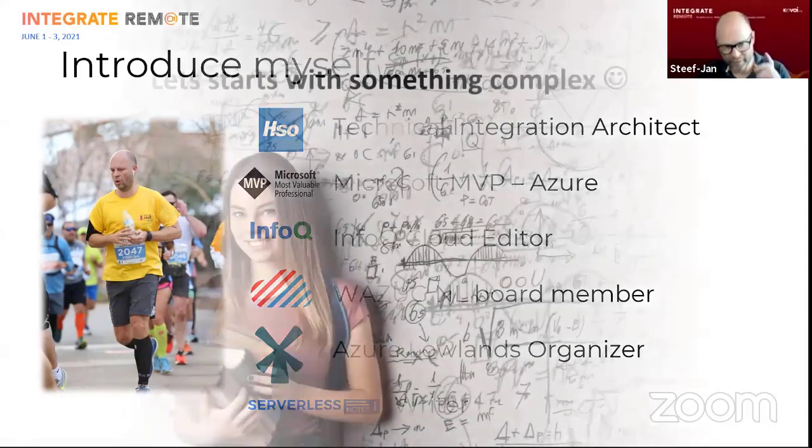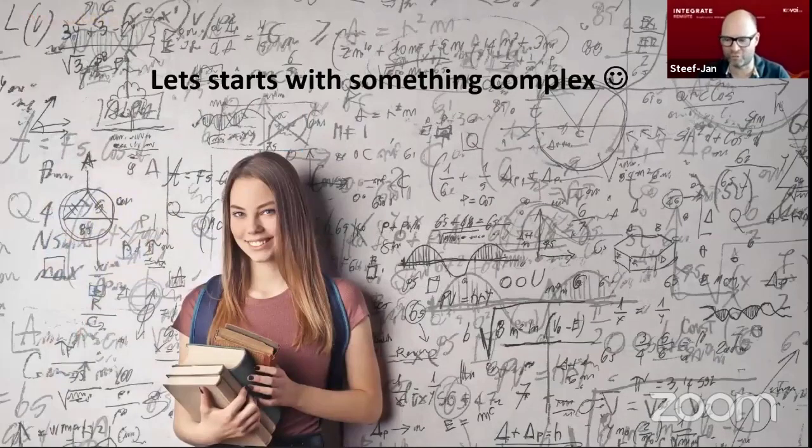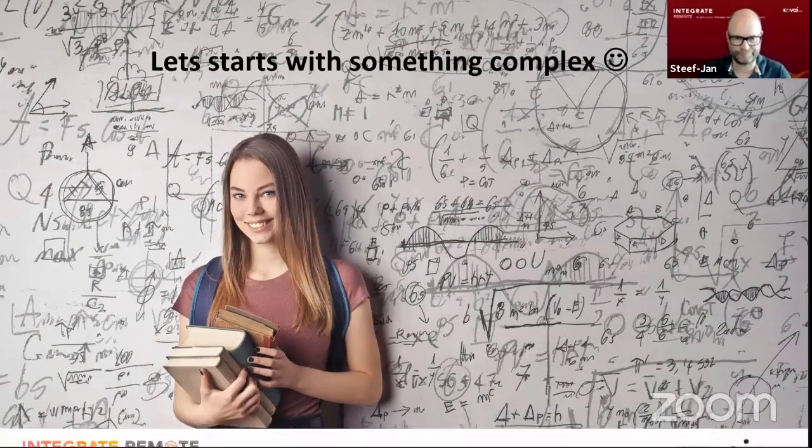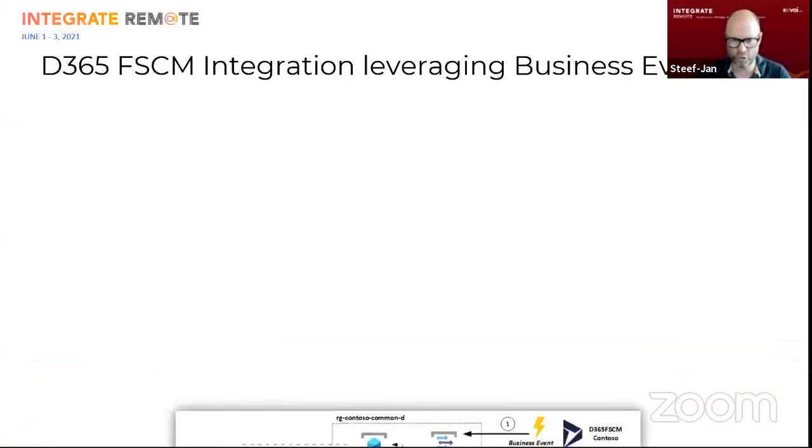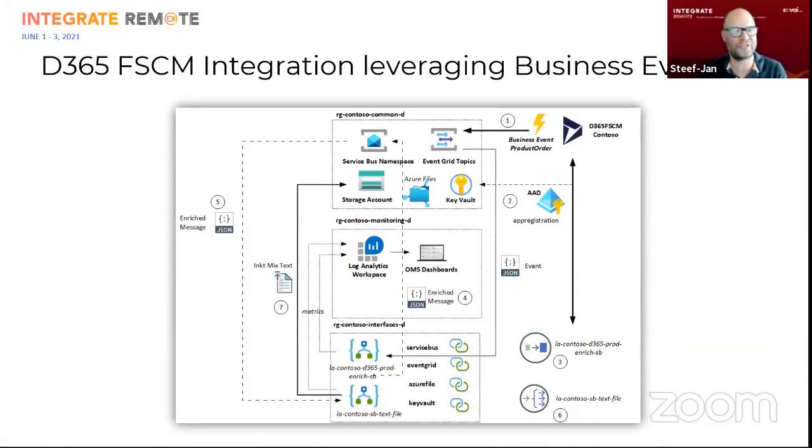Okay, let's start with something really complex. Let's look at this technology in the setting of an implementation using Azure Event Grid. This complex scenario is Dynamics 365 Finance and Supply Chain Management. That's a long name as well.